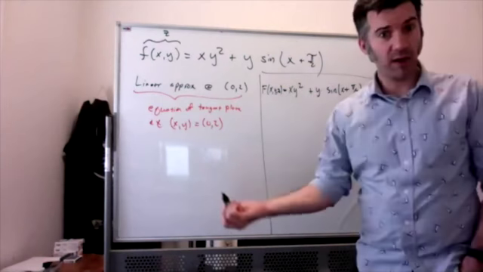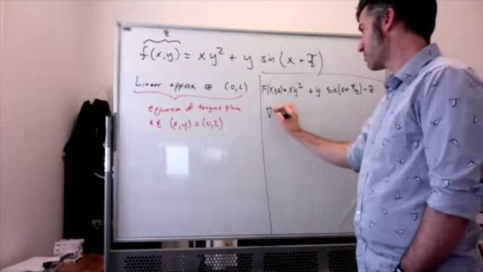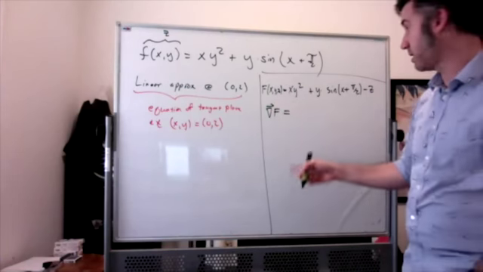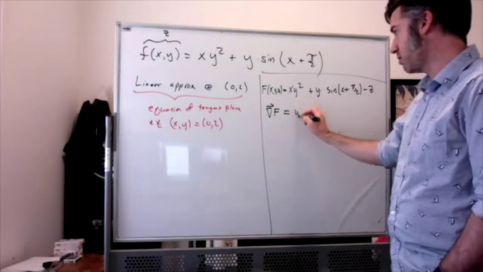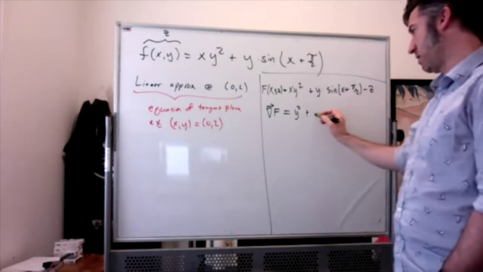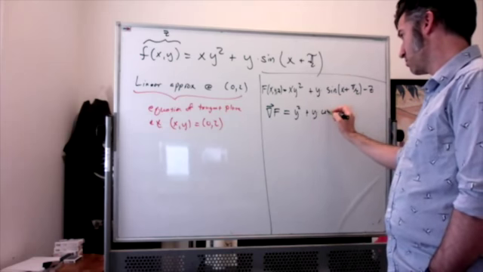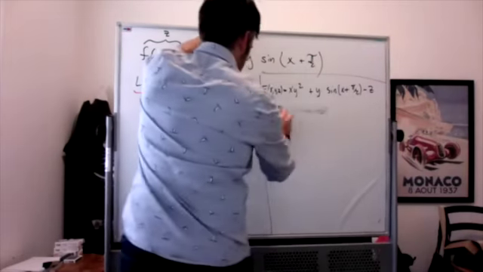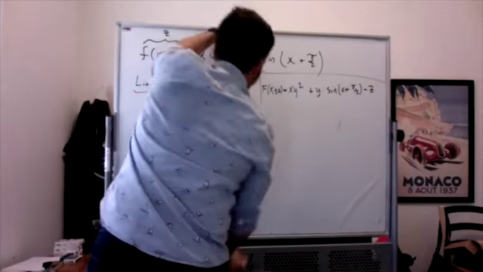So now I'm going to find the gradient, which is going to be, let's see, the partial with respect to x is going to be y squared plus y times cosine of x plus pi over 2. Sorry, I'm writing this kind of terribly. A little more room here.